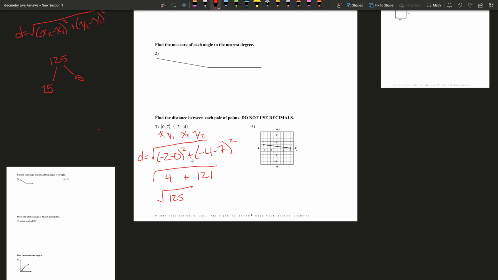So we can rewrite the square root of 125 as the square root of 25 times the square root of 5. Then we simplify from there. Square root of 25 is just 5, and the square root of 5 we can't simplify anymore, so that stays as is. So our answer is 5 root 5.